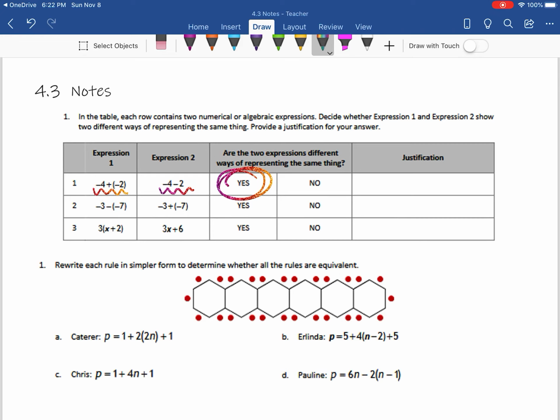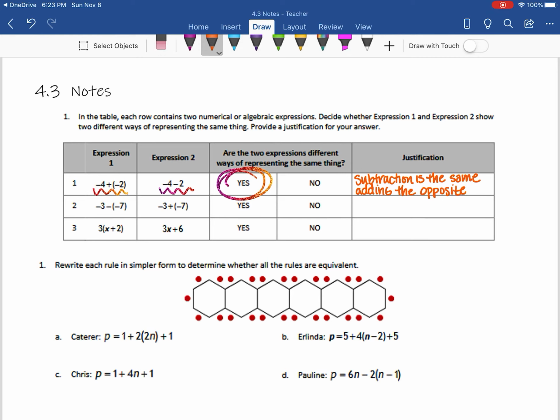So these are actually equivalent, and the reason that they are equivalent is subtraction is the same as adding the opposite. Okay, and that's a good enough justification for that.